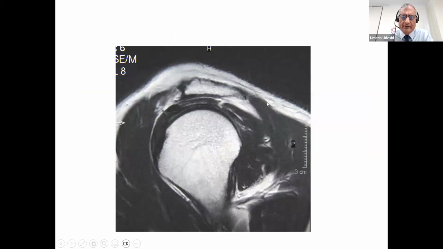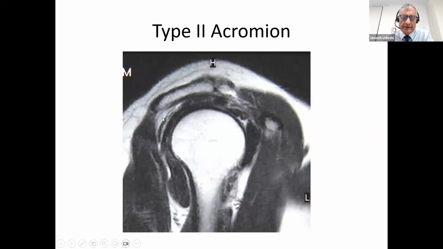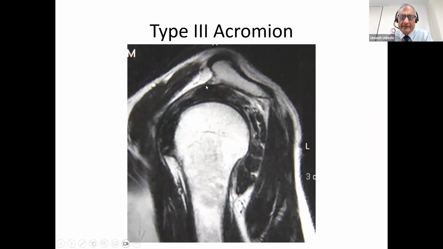So here's an example of a nice flat undersurface. That's a type 1. And here's a type 2. You can see a mild curve on the end of that, not very badly curved. And then here's a type 3. There's a vicious little osteophyte or bony spur here underneath this acromion, which is impinging upon the distal supraspinatus tendon.